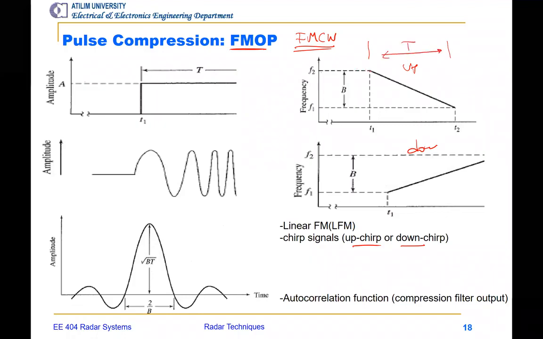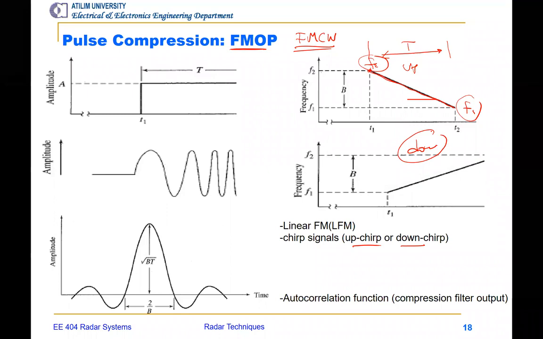The frequency starts from F2 and then decays linearly down to F1. So the frequency of the pulse at the start point is quite a bit above the frequency at the end of the pulse. In up chirp, it's the opposite of down chirp.